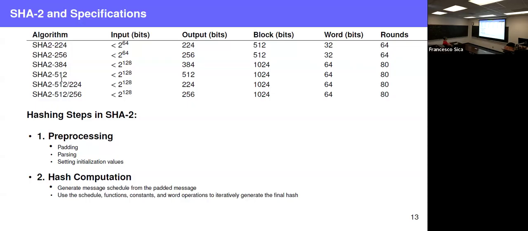The process of SHA-2 involves padding the message to a specific block size, parsing it into blocks, and then performing many rounds of compression.